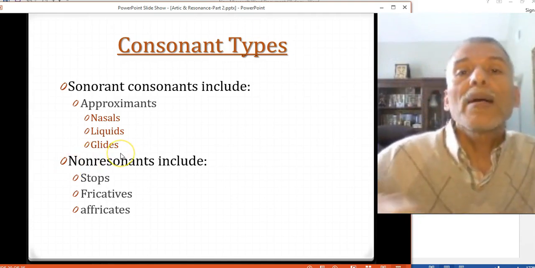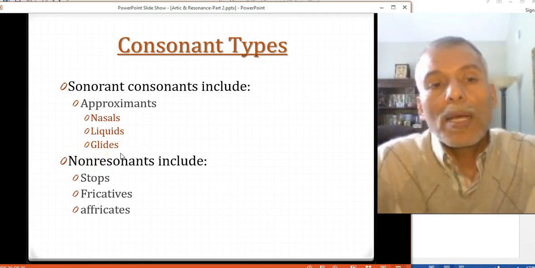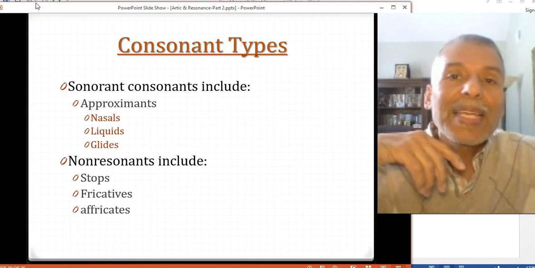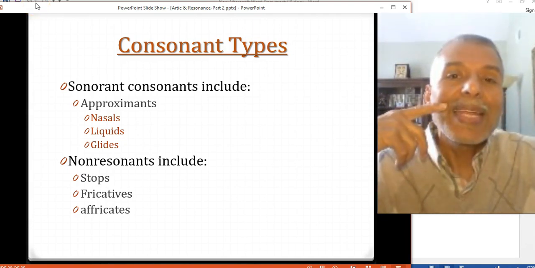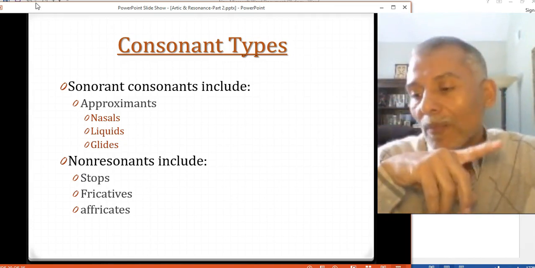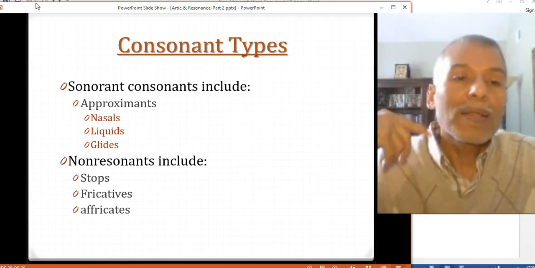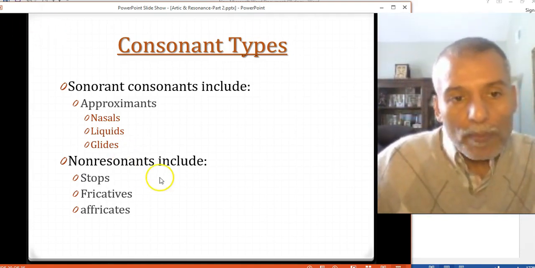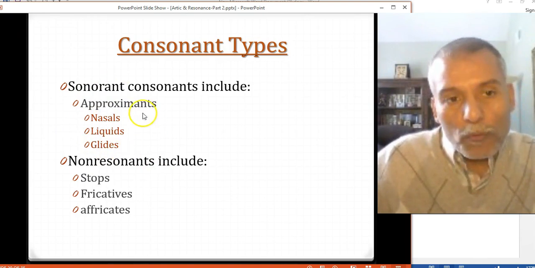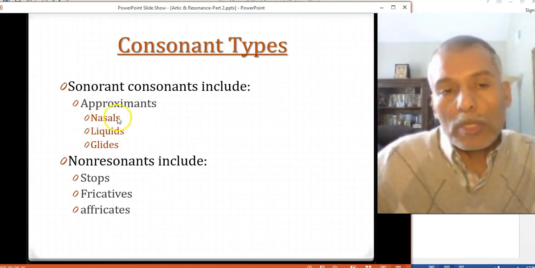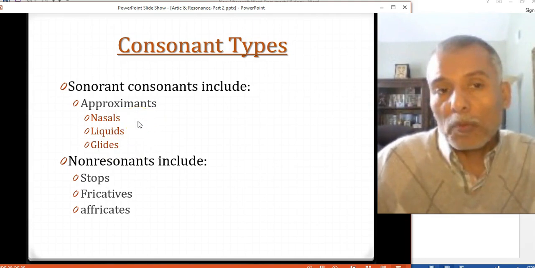And then the y, as in yes, is a voiced palatal glide. So again, these are all voiced sounds, and you need to know these three categories, the nasals, liquids, and glides, and be able to give an example for each one.